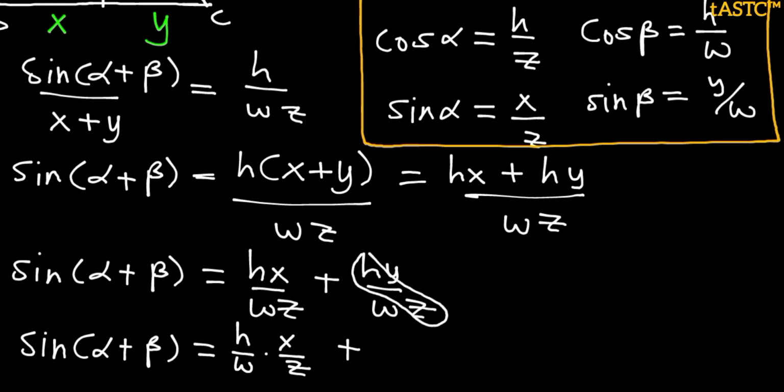And we also have a Y divided by W. The reason I need to use that is, although we have an H divided by W here, that is cos beta, we do not really have a Y divided by Z. So we just need to flip this. So here we're going to have H divided by Z, that will be multiplied by Y divided by W. So that is what you're going to have here.